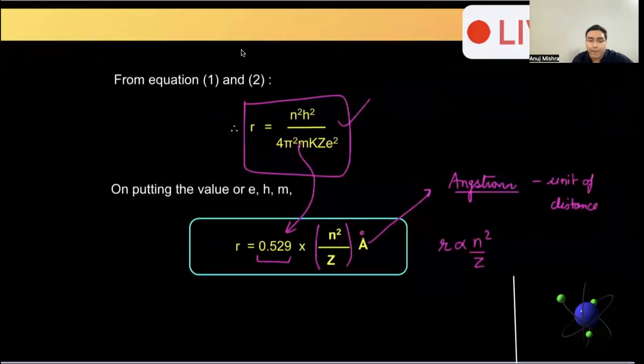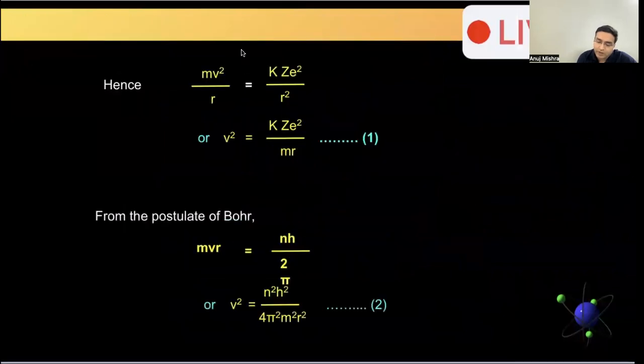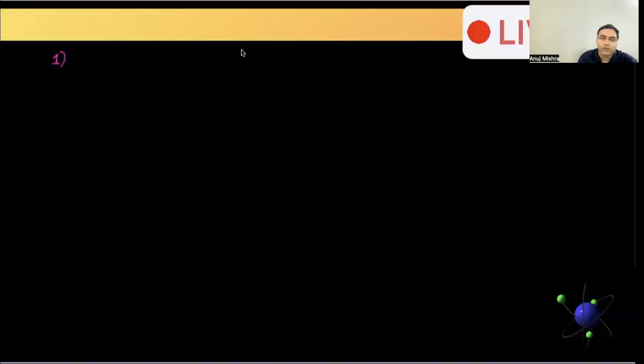Is it fine? चलिए उस पे कुछ क्वेश्चन सॉल्व कर लेते हैं फॉर प्रैक्टिस. Question number 1. Velocity of hydrogen electron in n equals 2 taken as a ratio with velocity of Li plus 2 in n equals 3 is how much?